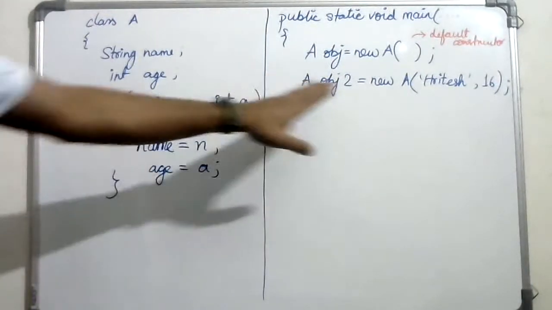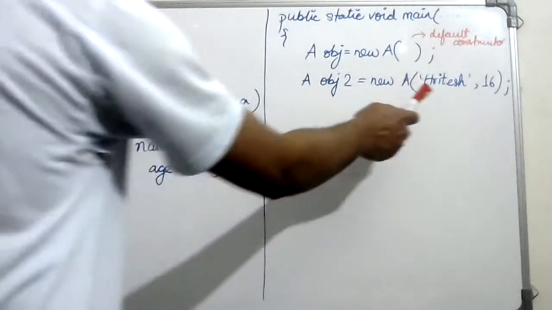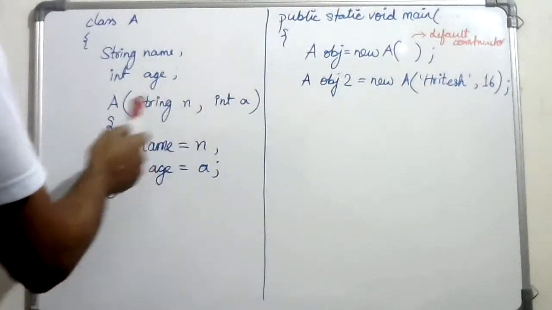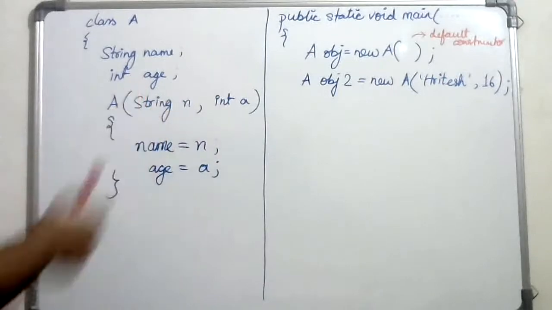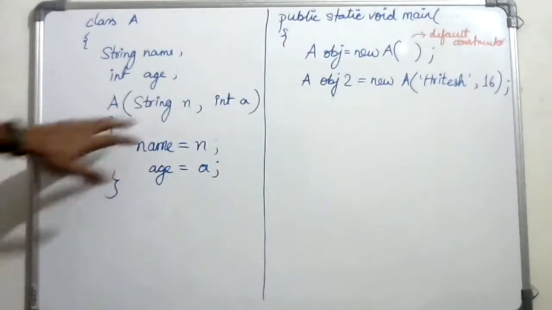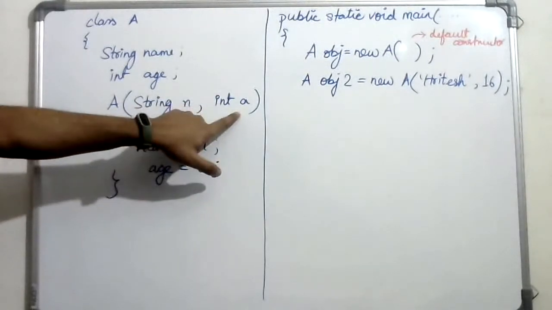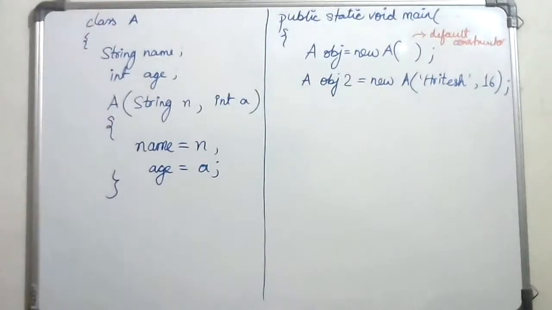But when you are calling the parameterized constructor, you must make sure you always pass two arguments, because there is only one parameterized constructor with this particular format. It takes two parameters, therefore when you call it, you must pass two arguments.